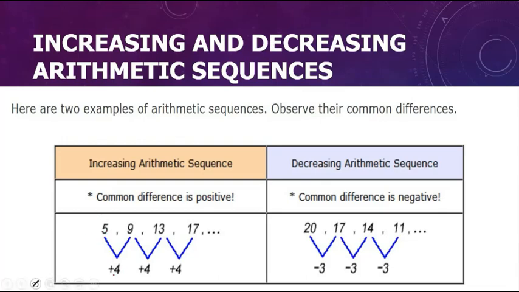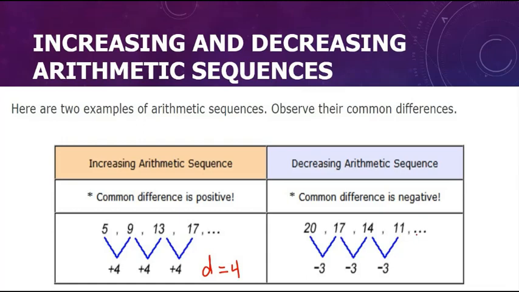Para makuha si 9, so we add 4. Para makuha si 13, we add 4. Para makuha si 17, we add 4. So, therefore, the common difference is 4. And it is positive. So, therefore, this is an increasing arithmetic sequence. Kasi positive yung kanyang common difference.